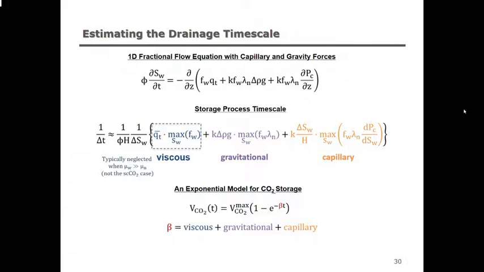So how did we approach this challenge? We observed that the dynamics that we are looking at here is essentially one-dimensional. So we can simplify our equation and just look at a one-dimensional fractional flow equation. And I hope that at least the students here that attended the reservoir simulation course the last 2 weeks are very familiar with this formulation.